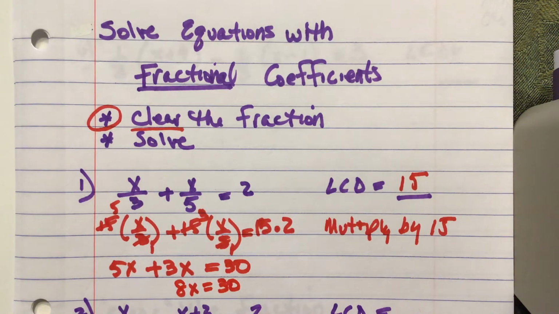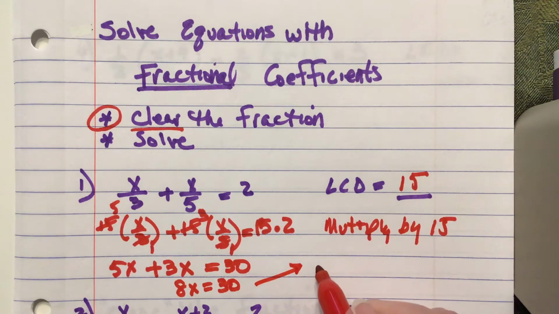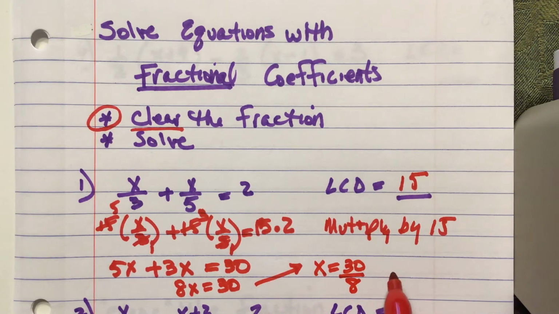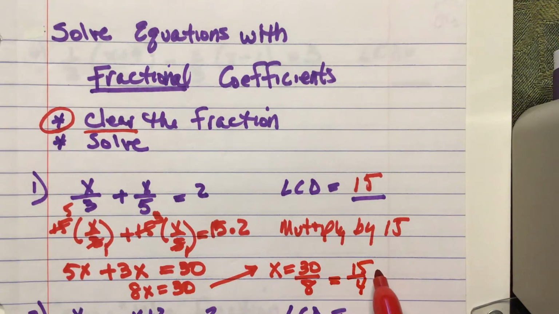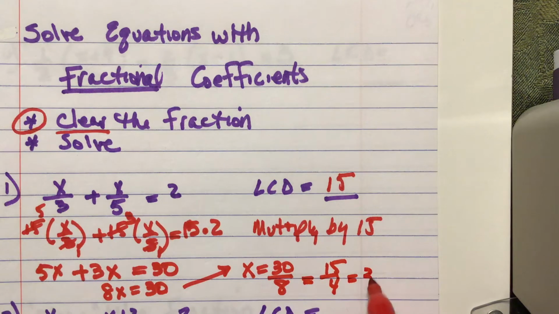Okay, and I can solve that. Let me move it up here. I can just divide both sides by 8, so x is equal to 30 divided by 8. And I can reduce that, so let's divide everything by 2. I get 15 over 4. If I want to make it a mixed number, I can also say it's 3 and 3/4.